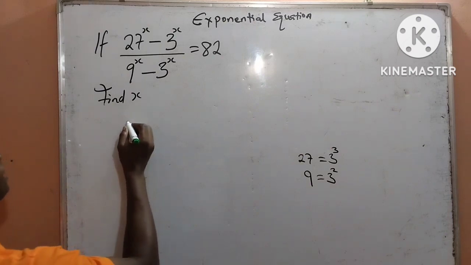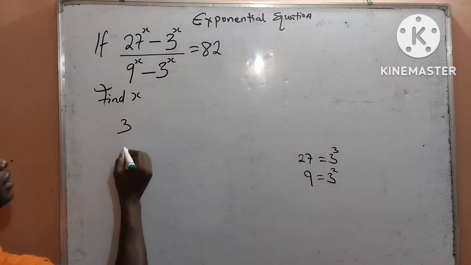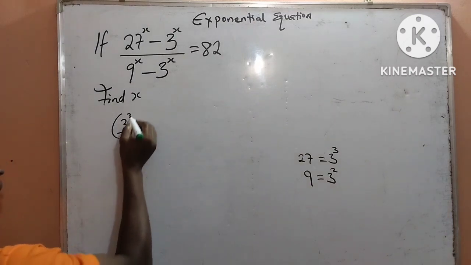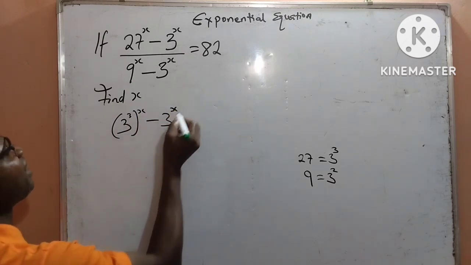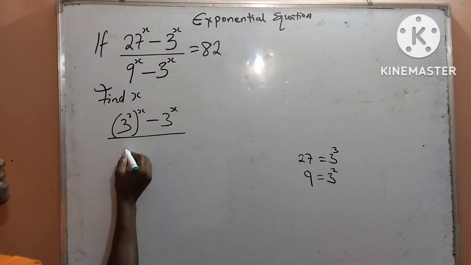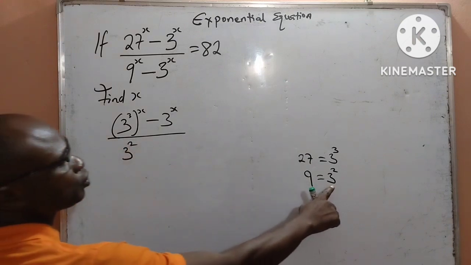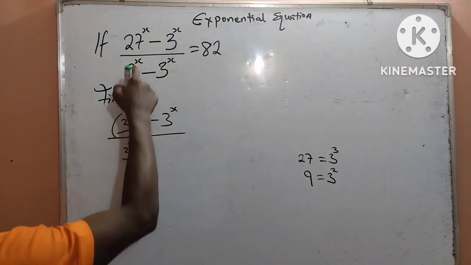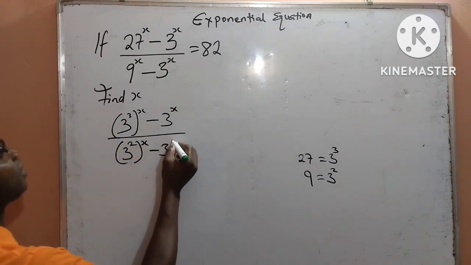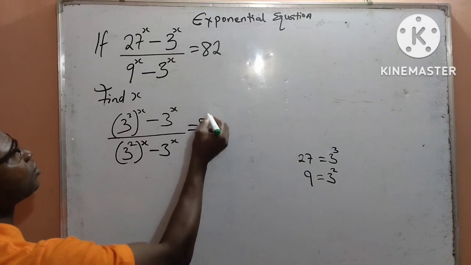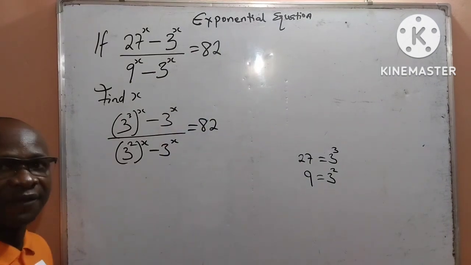That means I shall now have (3^3)^x − 3^x, everything divided by (3^2)^x − 3^x, is equal to 82. First step.